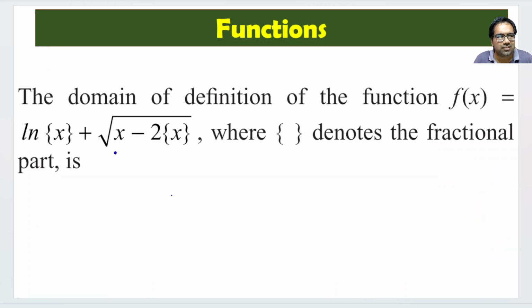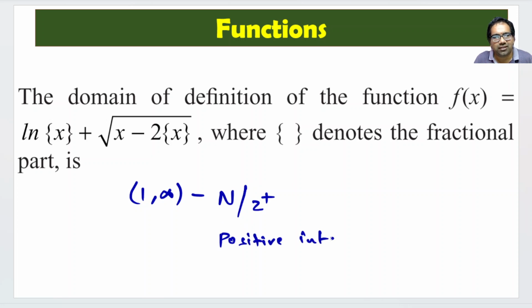So basically, what is the answer? The answer is 1 to infinity minus Z plus, or N, the positive integers. You cannot take any positive integer. If you take any positive integer, the fractional part will be equal to 0, so this becomes ln 0, which is not defined.